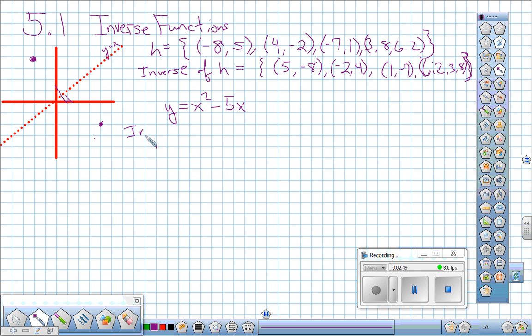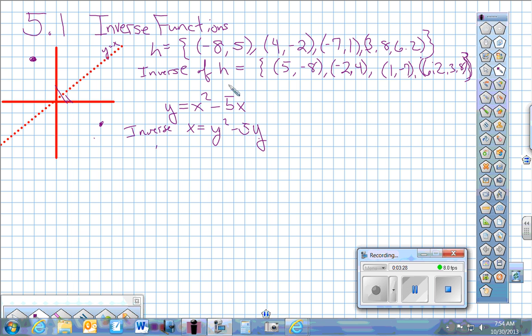So then the inverse, in the most basic form, would look like x equals y squared minus 5y. On the questions that ask you to simply find the inverse, all you have to do is replace the x's and y's. And then there are some that ask you to regraph it. Okay, but we really do not know how to graph this. You could just plug in points and that'd be fine. But what we're actually going to do is solve for y, and I should have made that a y as well.